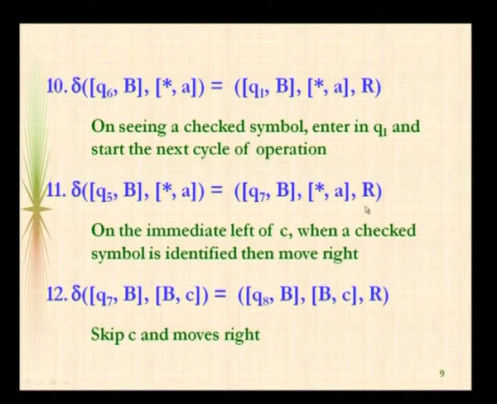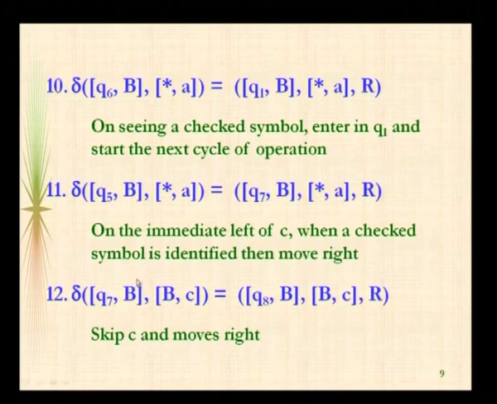So, now we have to move towards the right and skip all the checked symbols and keep on moving towards the right, and we are expecting a blank rather than an unchecked symbol. If you find any unchecked symbols in this particular context, then it means that the first part of WCW and the second part of that string are not going to be the same.